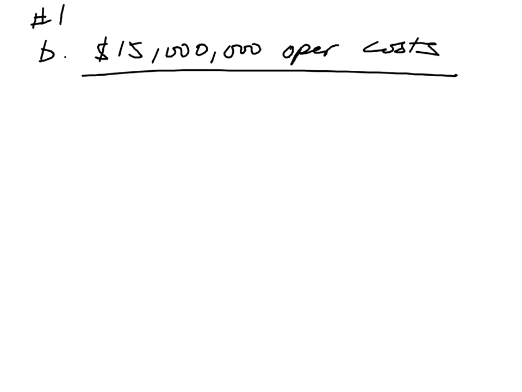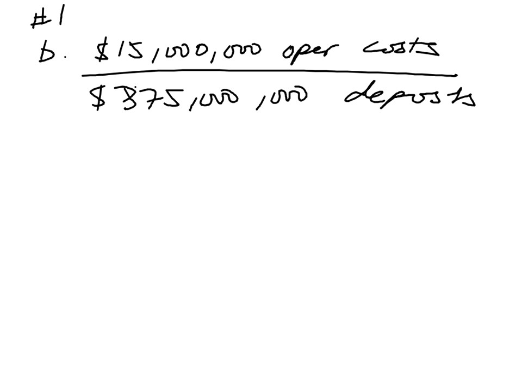It shows here that 15 million operating cost in the fact pattern, and if we divide that by 375 million, that should give us 4%.